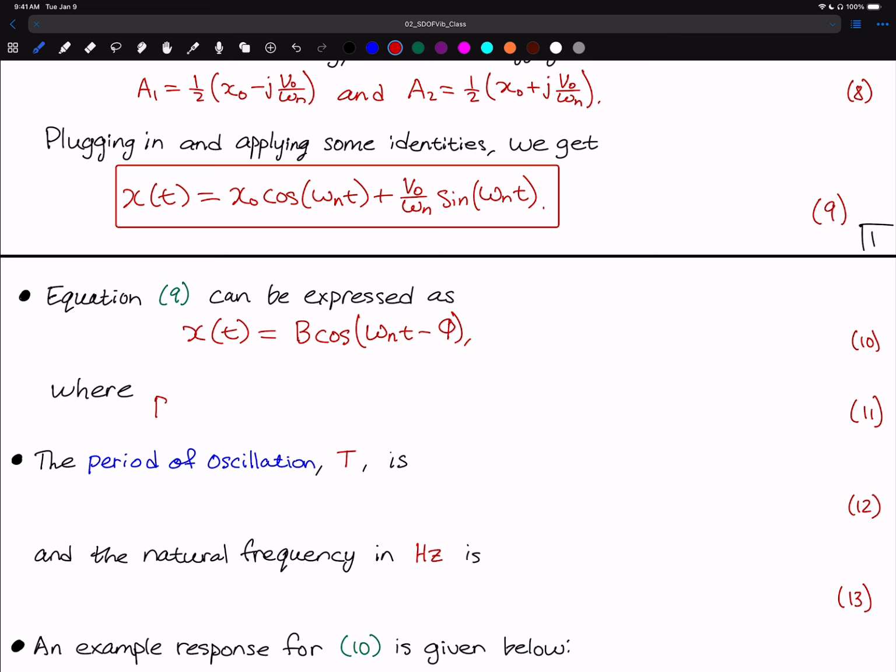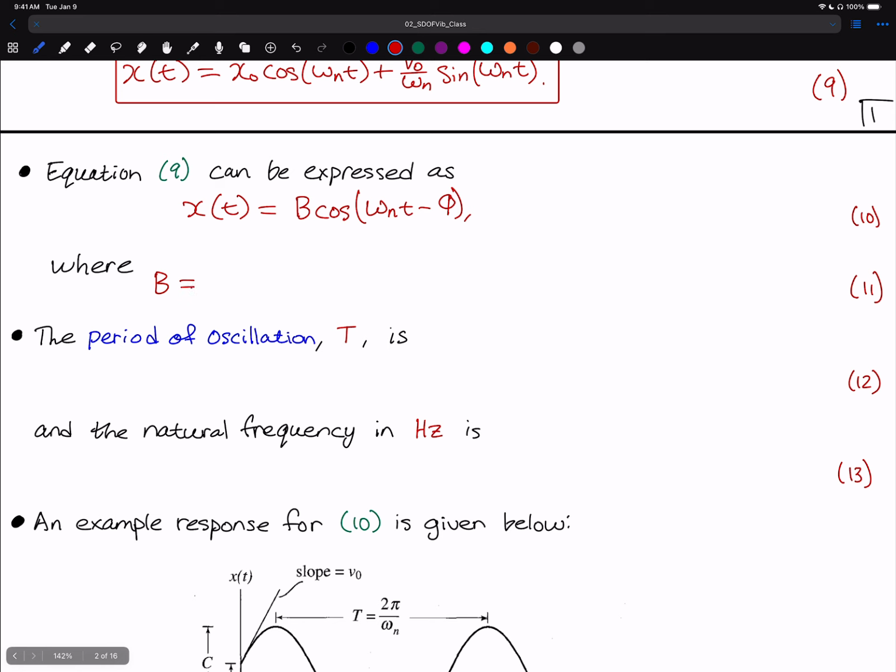where B here is equal to the square root of x0 squared plus the quantity v0 over omega n, this quantity squared. And phi here is equal to the inverse tangent of v0 divided by x0 times omega n.